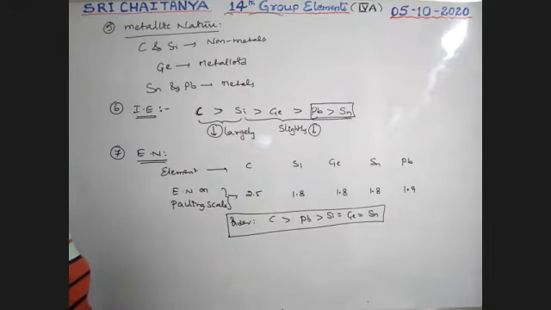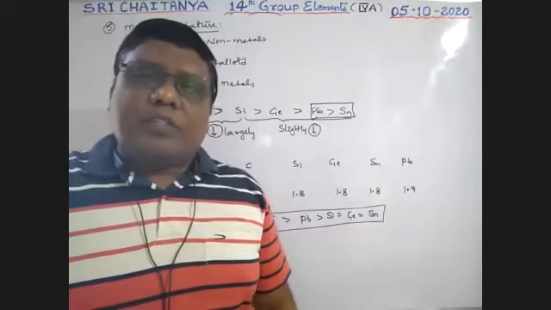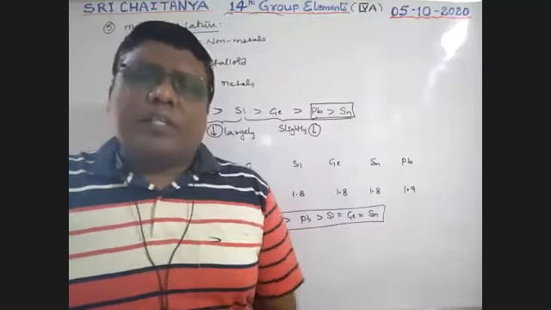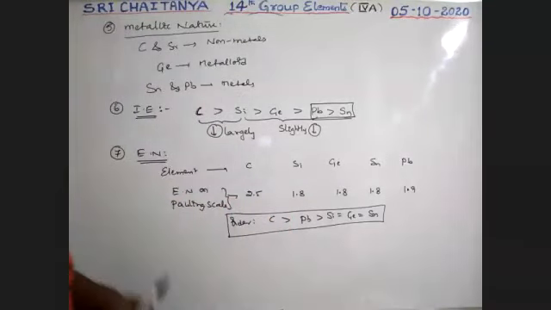We must follow our NCERT book. So this is about metallic nature, that is, electronegativity values. Now, and most important, that is oxidation states. Very important.